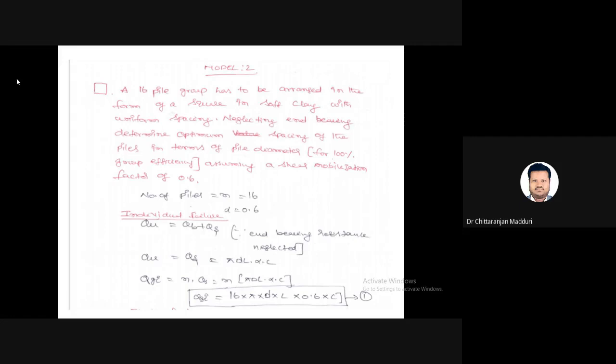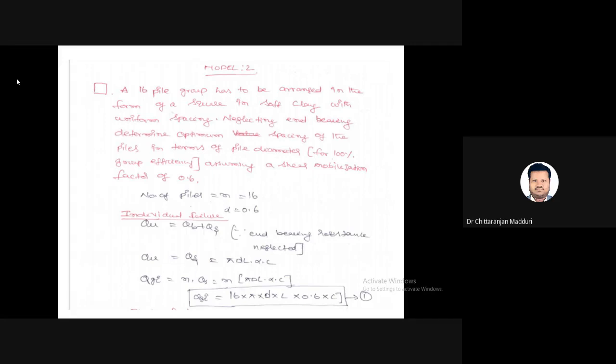That means in both problems, we need to neglect the first term. So the number of piles is equal to 16, adhesion factor is equal to 0.6. The ultimate load carrying capacity of a single pile is equal to end bearing resistance plus skin friction resistance. By neglecting the first term, the end bearing resistance, Qs, skin friction, is pi d L into alpha into c.